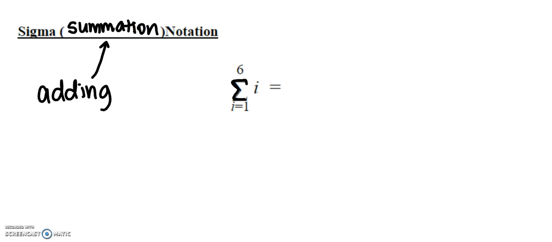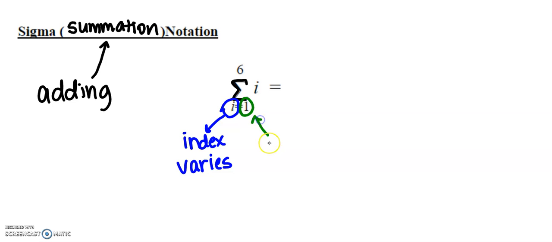We're going to break down each one of these parts. So when we think about this, i represents our index. This will be the thing that varies. So it's our variable, if you will. This number here is going to be our start value. So we're going to start, in this case, when i is equal to 1.